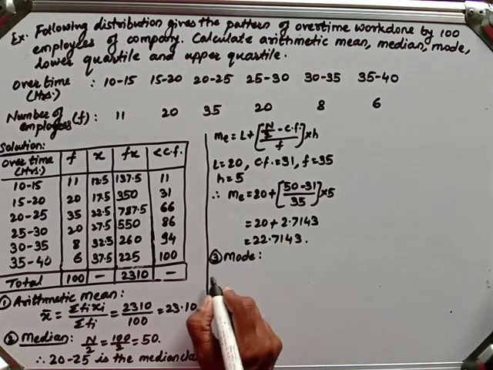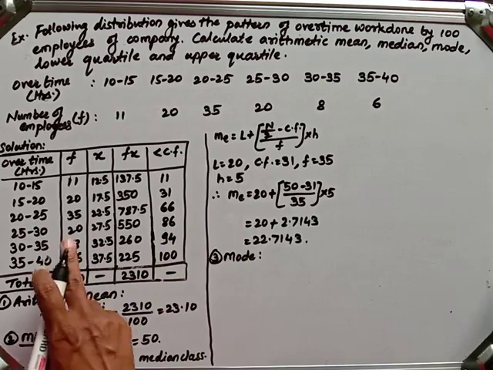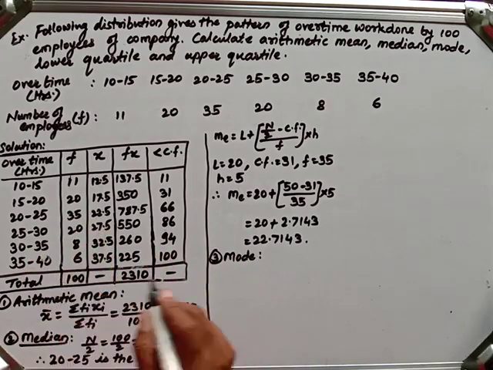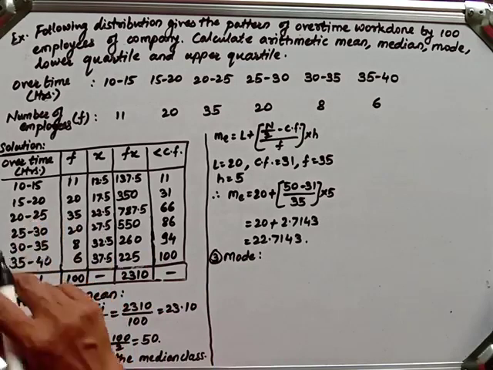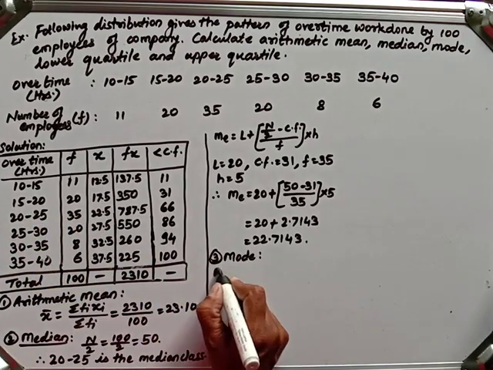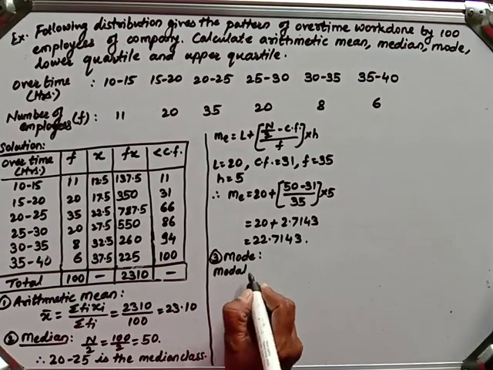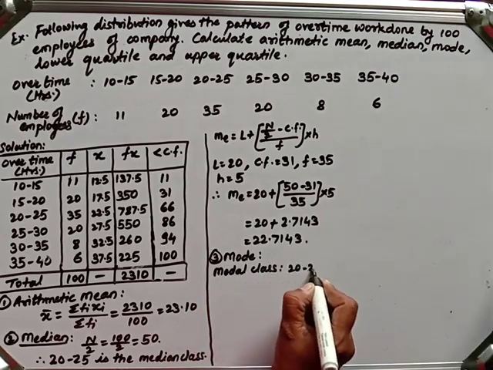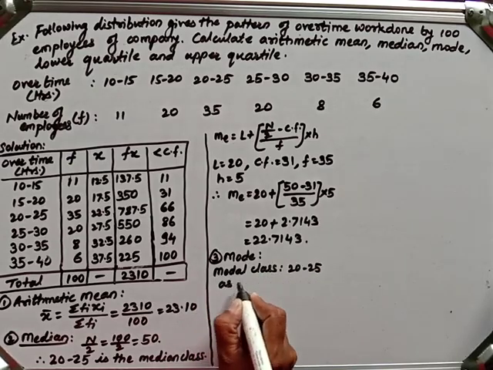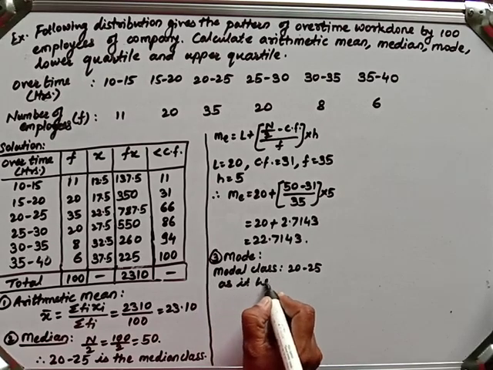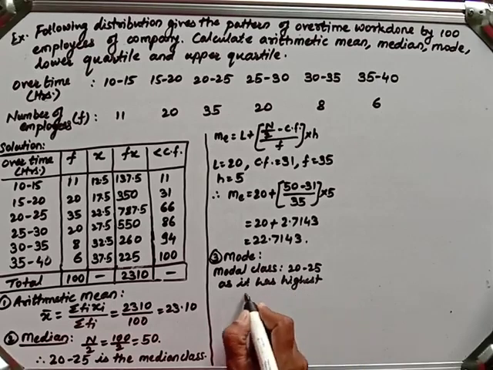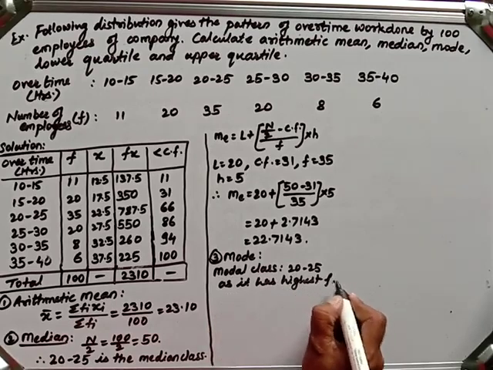Now for mode, the class with highest frequency is 35. Therefore the modal class is 20 to 25. Modal class is 20 to 25, as it has the highest frequency.